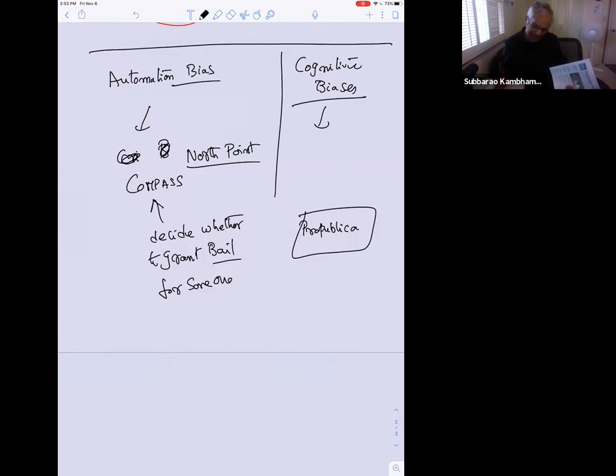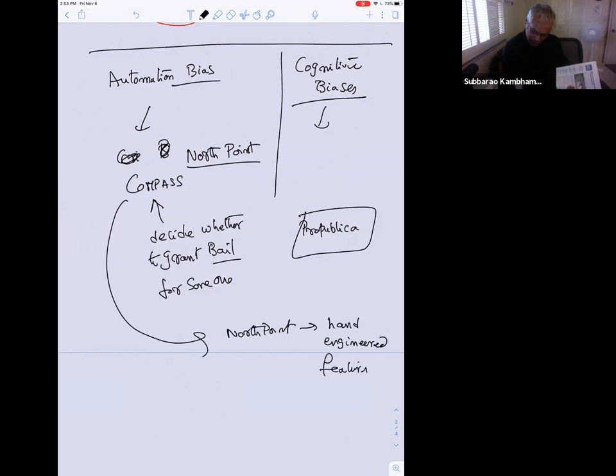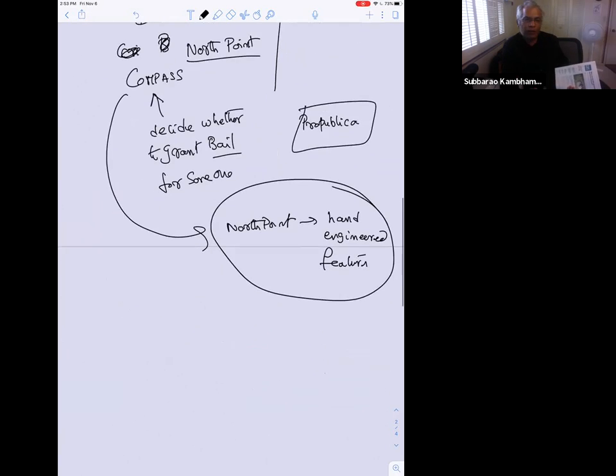So in the case of the COMPAS system, it was a system where Northpointe did hand engineered features. And there is a problem with the way they were hand engineering those features too.